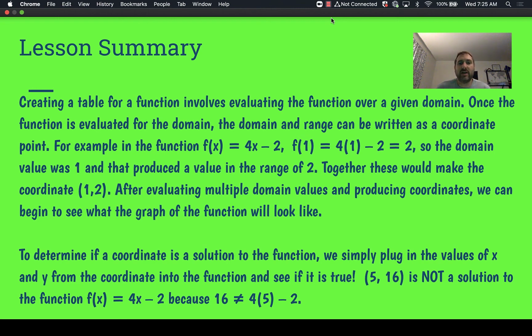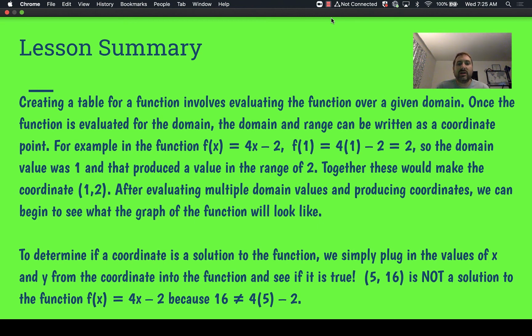Our domain value of 1 produced a range value of 2. Together, they make the coordinate (1, 2), our input and our output. Doing this over and over and evaluating multiple domain values, we end up generating a list of coordinates, which we can then plot to show what the graph looks like.